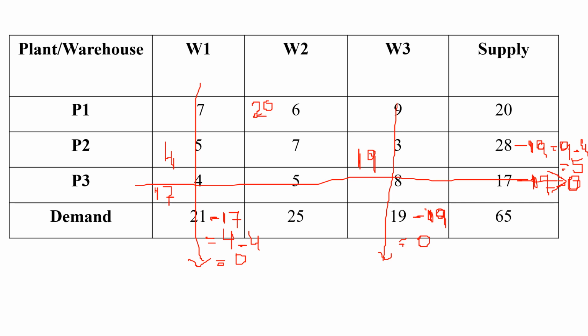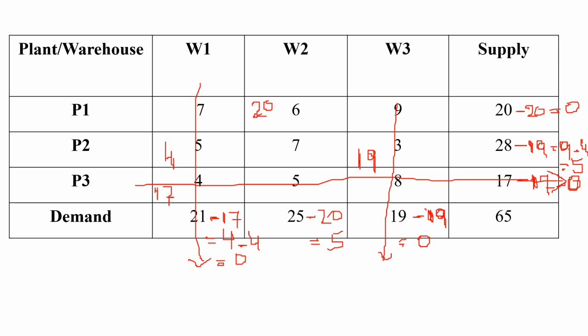And once it has been given from that particular supply, then you reduce the 20, then equal to 0. 25 minus 20, how much? 25 minus 20 equal to 5.